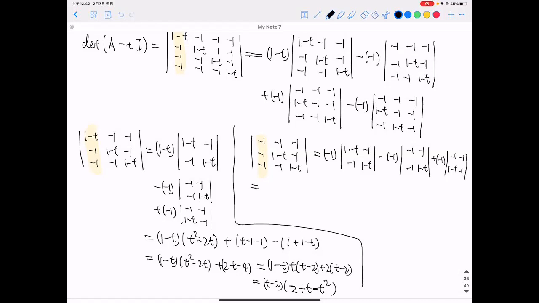So we're getting minus 1, 1 minus t squared, minus 1. So that's again t squared minus 2t plus, what is this, t minus 1 minus 1, t minus 2, minus 1 plus t minus 1 minus t, so 2 minus t.